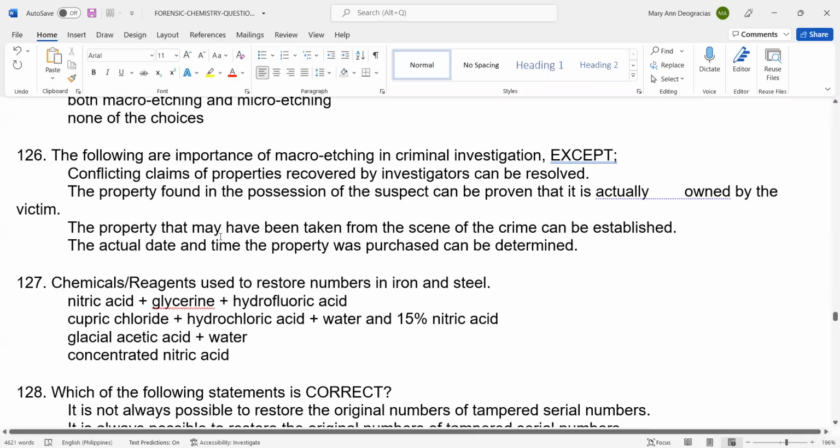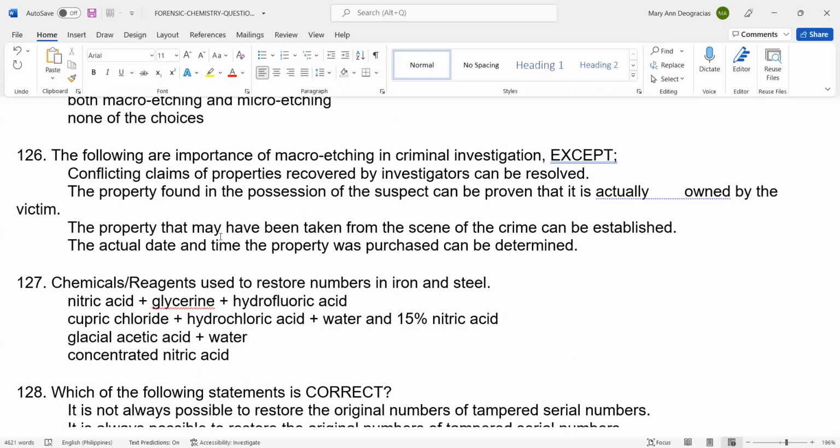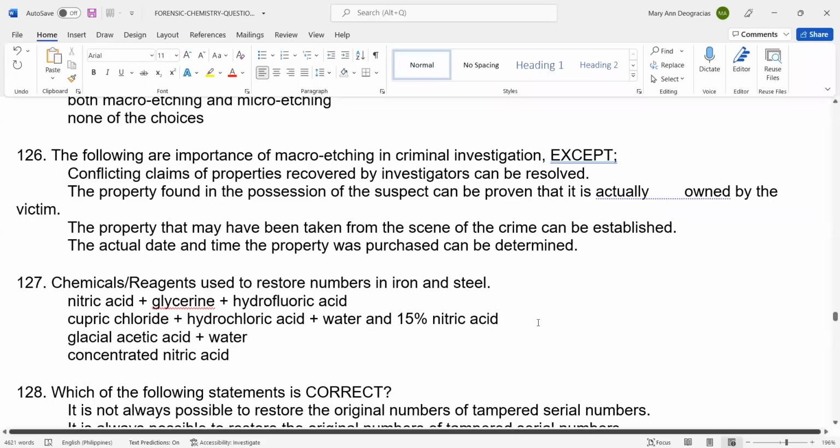126. The following are importance of macro etching in criminal investigation, except A, conflicting claims of properties recovered by investigators can be resolved. B, the property found in the possession of the suspect can be proven that it is actually owned by the victim.